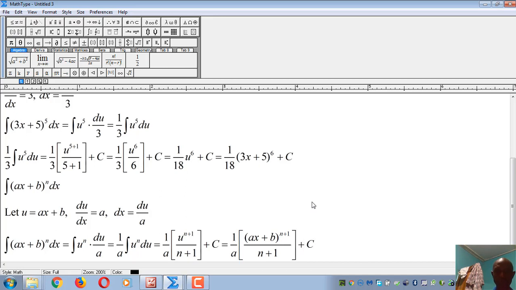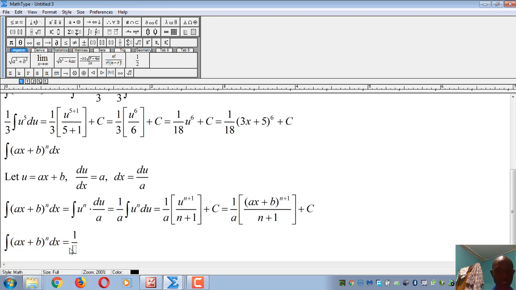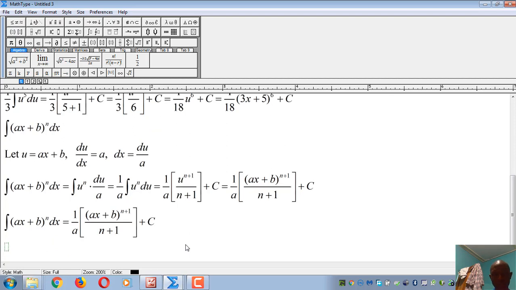Let me show you an example of what I'm talking about: the integral of (5x + 9) raised to the power of 7 dx.